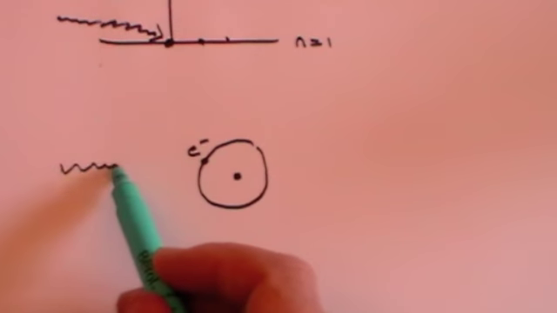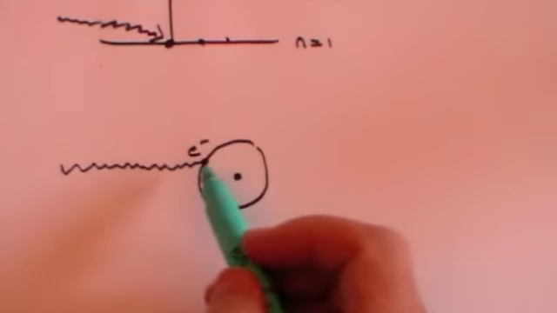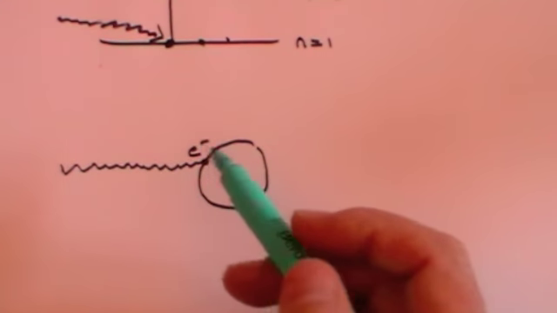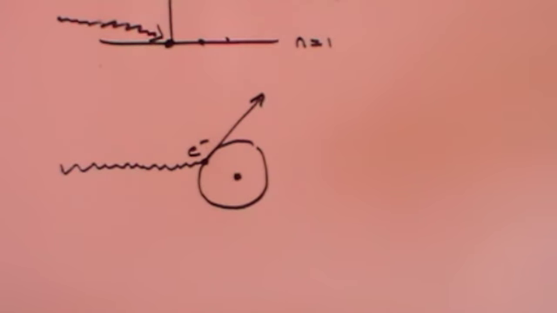Here is the incoming ultraviolet photon, and if it has sufficient energy, it can give all its energy to the electron, not to promote it to a higher energy level, but instead to kick the electron out of the atom altogether. It's no longer in a higher energy level, it has completely left the atom.